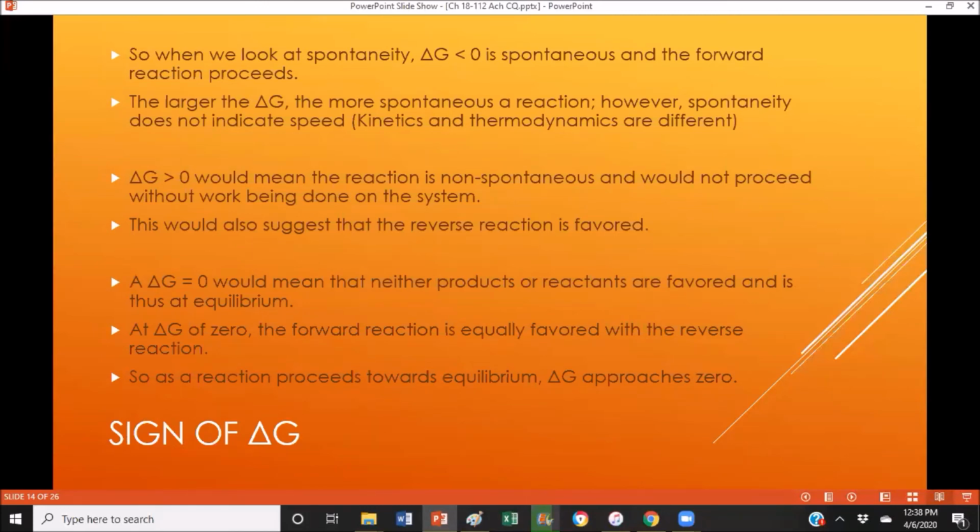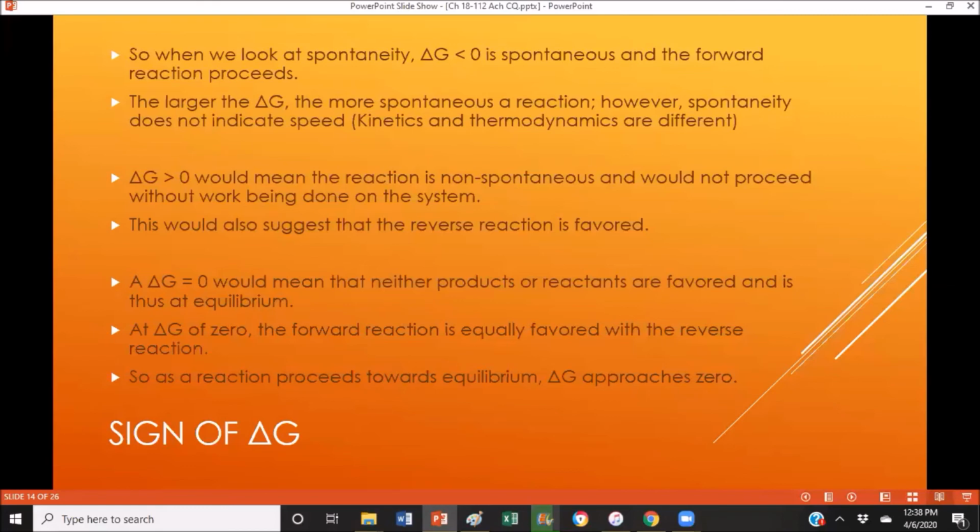If I look at methane and I light a match, it will burn, and it will keep burning so long as I have methane. It will keep producing products. Now note, you still have an activation energy barrier. Without that match, methane will not burn. You need to start it.